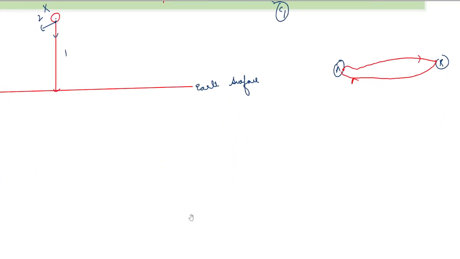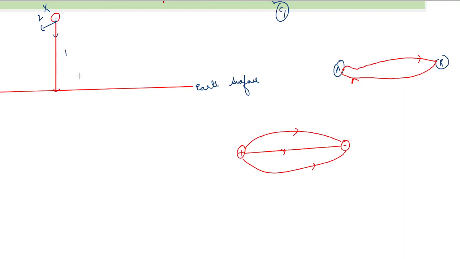In the case of electric lines of force, we saw in the previous slide that we have a positive charge and a negative charge. We saw that the field lines start from the positive charge and end at the negative charge. One field line was like this, one more was like this. Here the field lines always start from the positive charge and end at the negative charge.